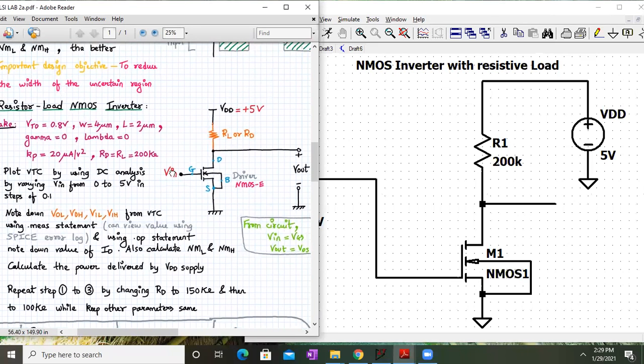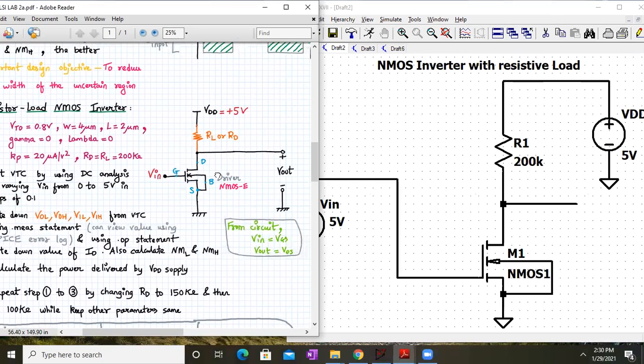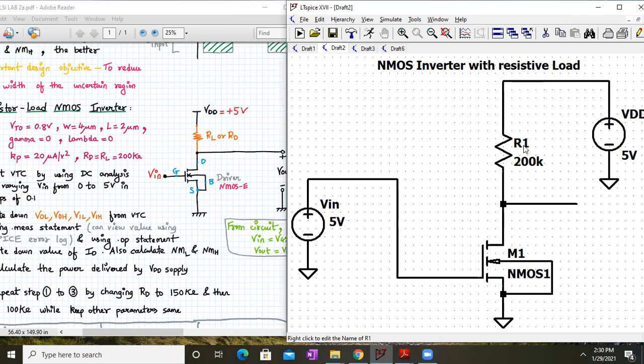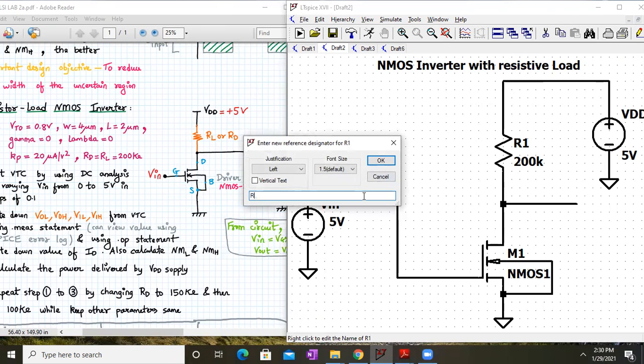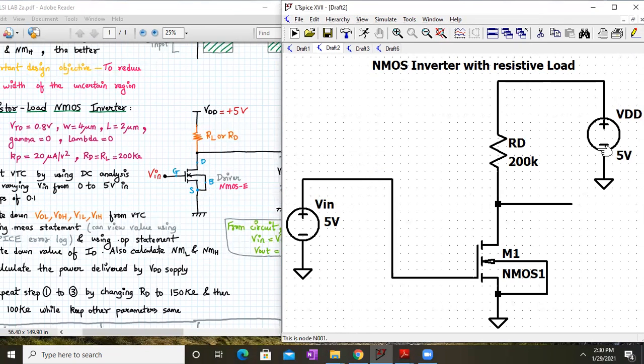Here we have to define the parameters of the MOSFET, and the circuit is given here. This resistor we can call RD. We have the power supply VDD applied as 5 volt, and VIN is also applied as 5 volt, to do the DC analysis, that is to calculate the current through the device.